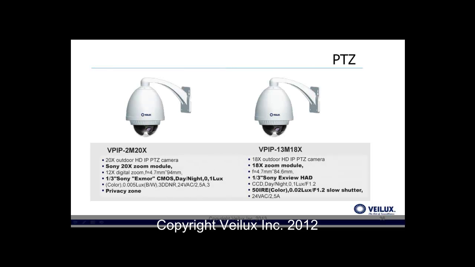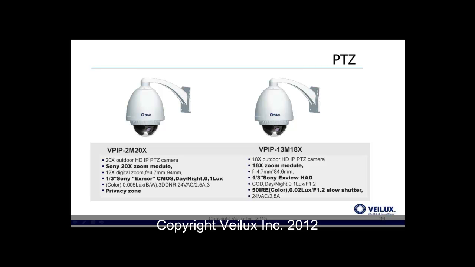The Megapixels PTZs. The VP IP 2M20X. It's a 20x outdoor HD IP PTZ camera with a Sony 20x zoom module, 12x digital zoom. It's got 0.005 lux in black and white, 3 DNR, 24 volt AC, 2.5 amps, privacy zone.